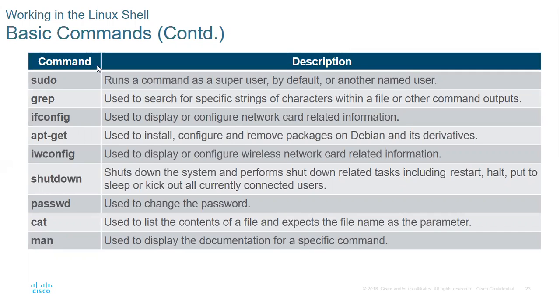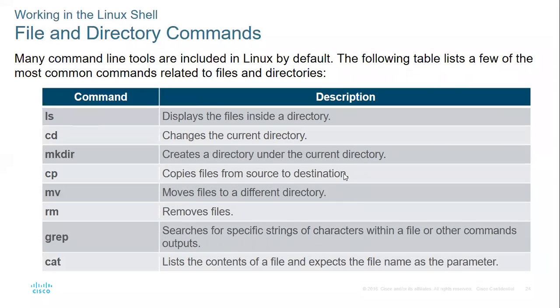For instance, if you want to know more about the sudo command, what you type on the prompt is man followed by sudo. If you want to know more about the cat command, you type man, then cat. So the man command is really important.